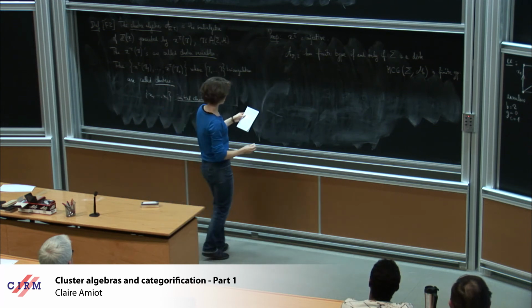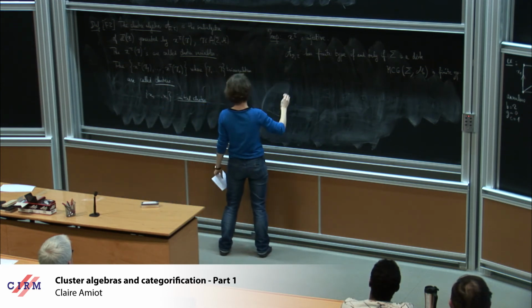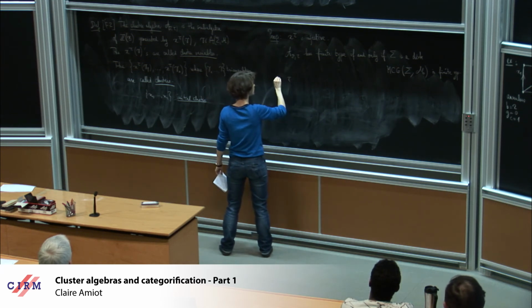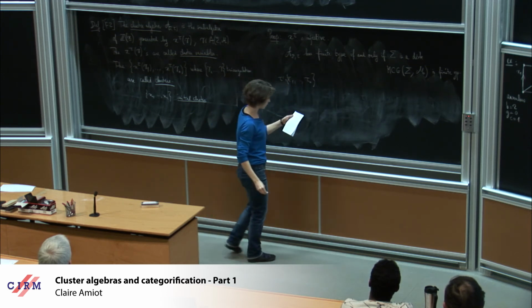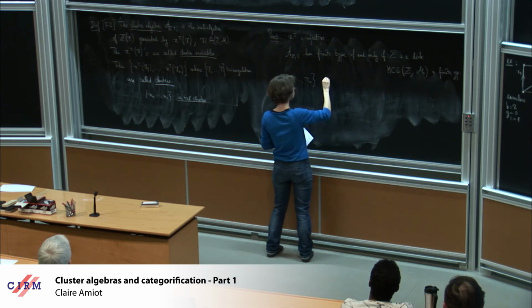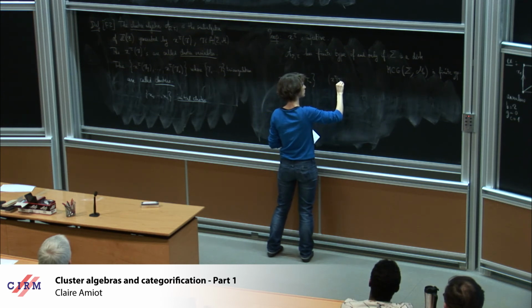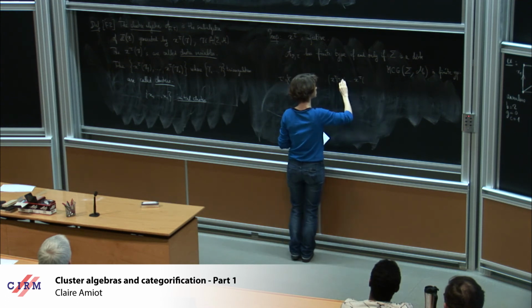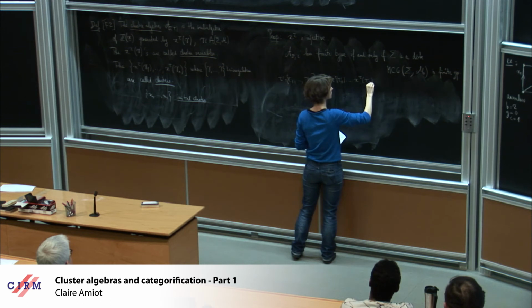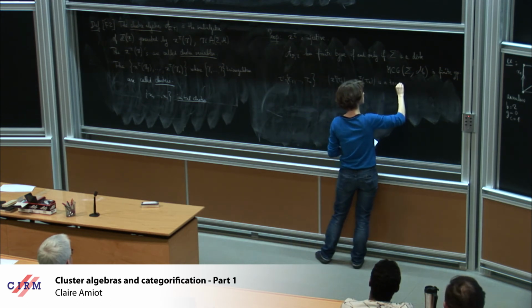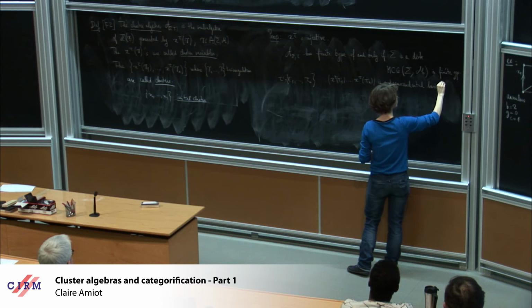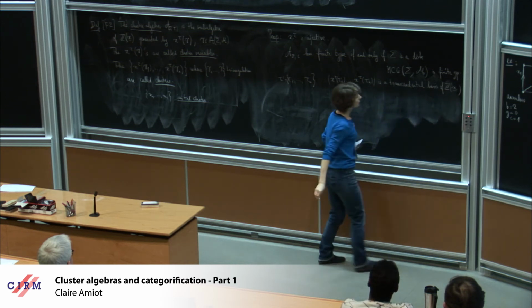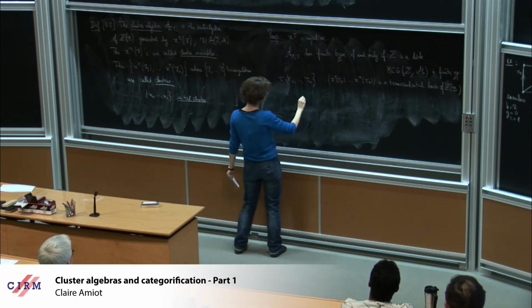And also what we have is that if you take another triangulation tau prime, which is tau 1 prime up to tau n prime, so if you take a cluster, x tau of tau 1 prime up to x tau of tau n prime is a transcendence basis of Z of x.